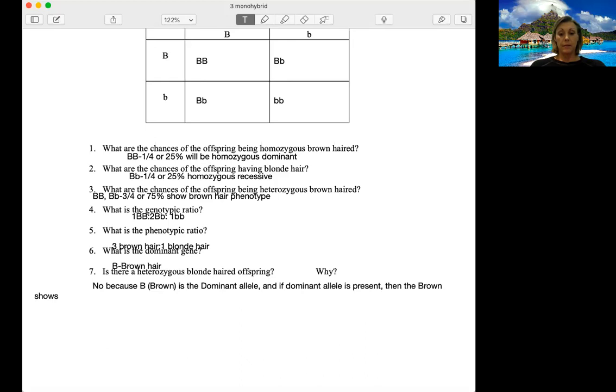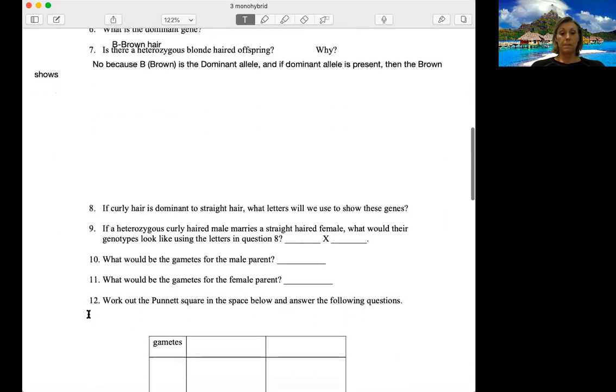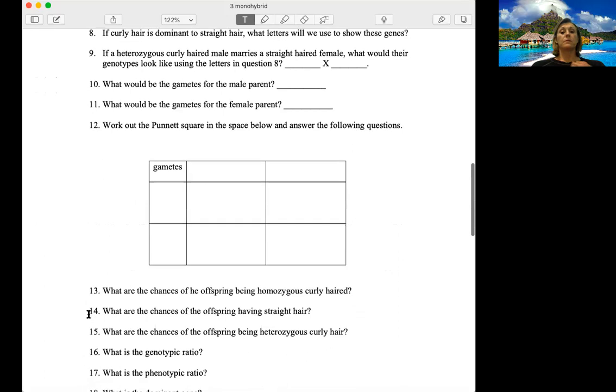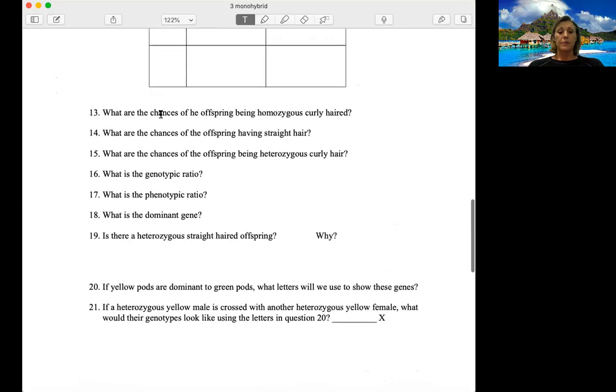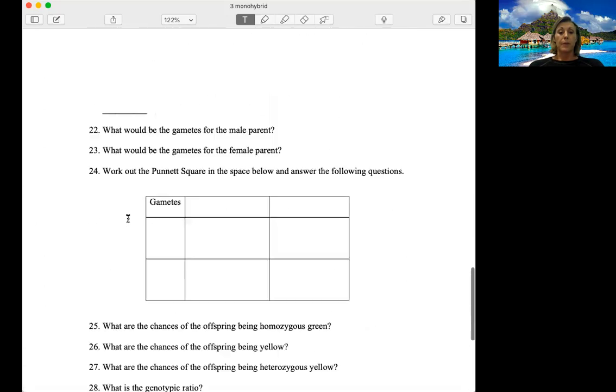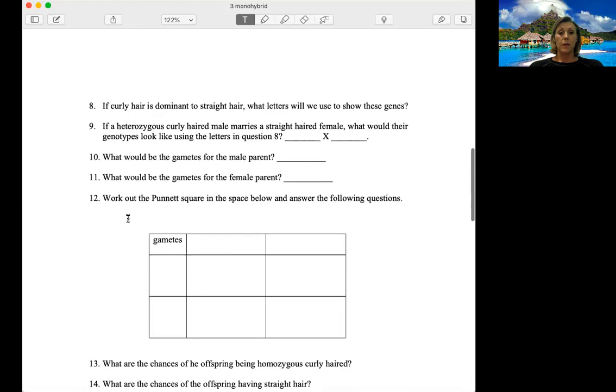So that is those. Okay, now this one, when you are doing your alleles, I'm not going to do this one for you. I'll set it up. It's the same thing. I'll do 8 through 12, and then you guys have to do 13 through 19, which is the same thing. And then I'll help you out with 20 as well.